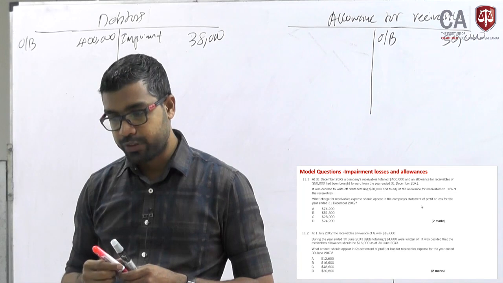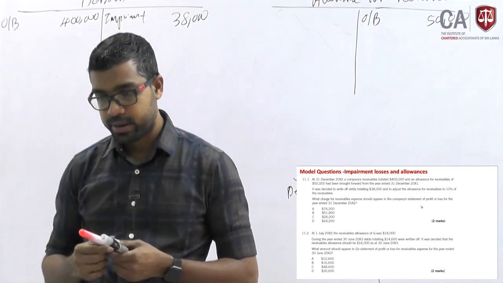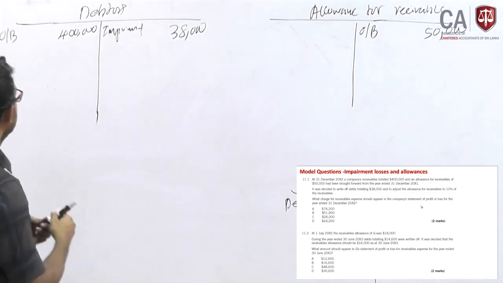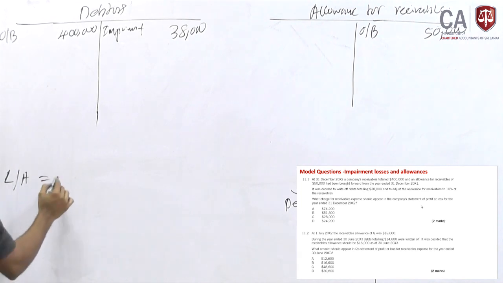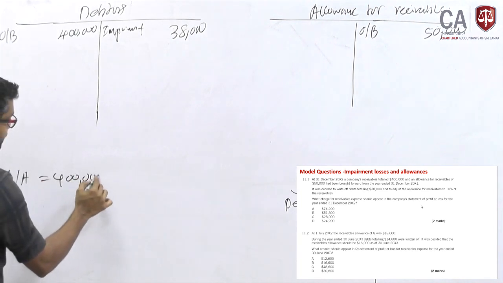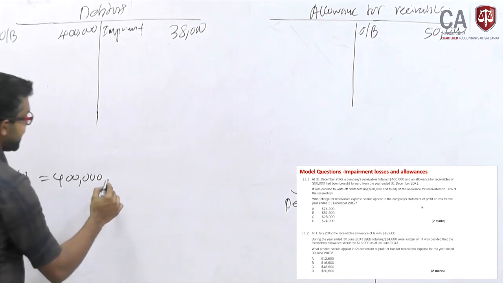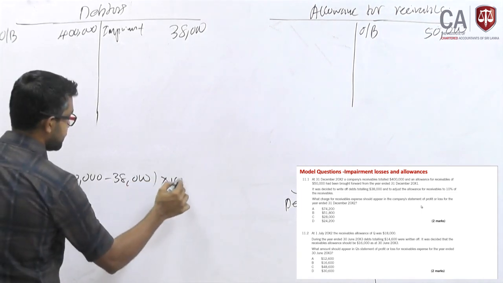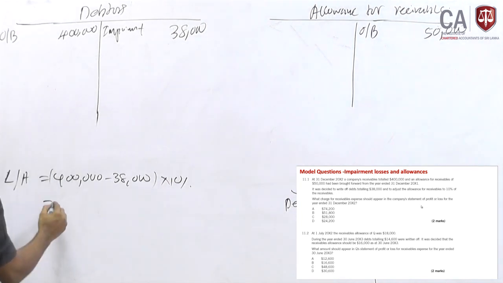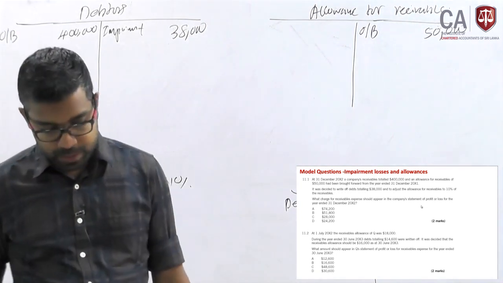Then they adjust loss allowance to 10% of the receivable, right? Now how much loss allowance? 400,000 minus 38,000 into 10%.